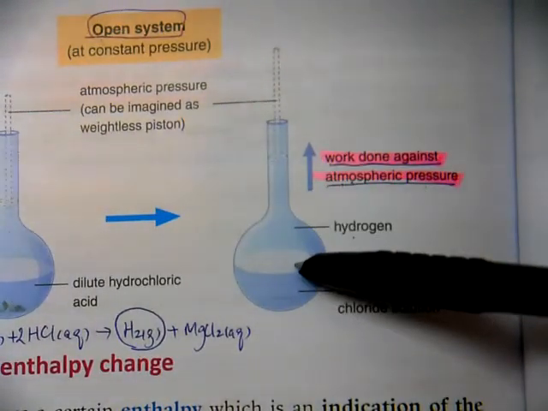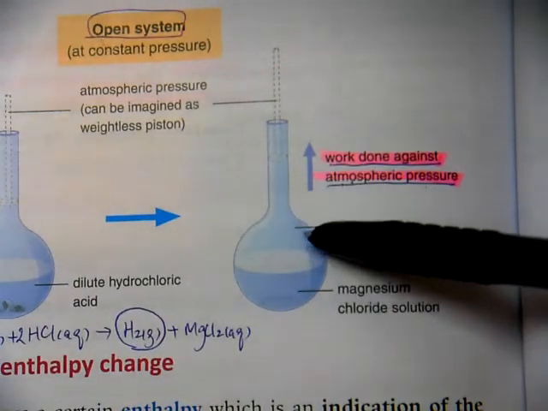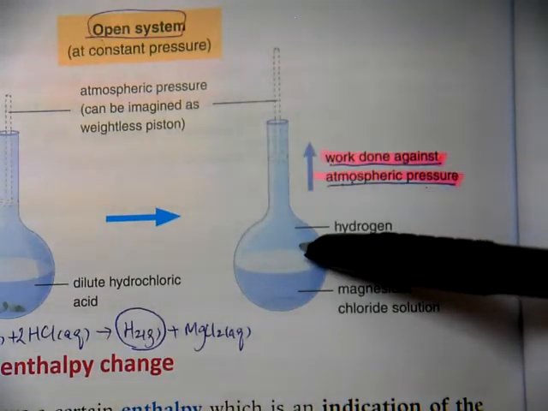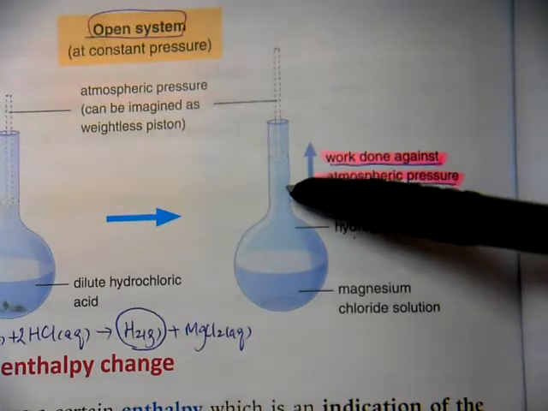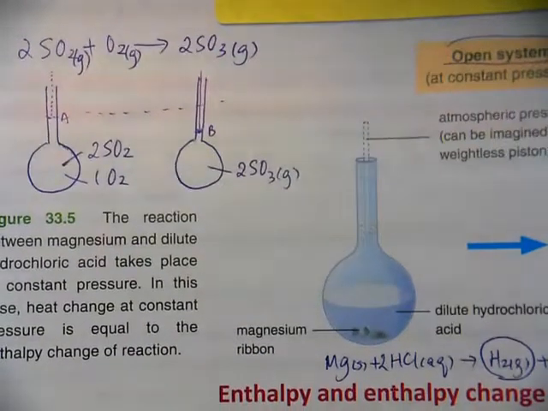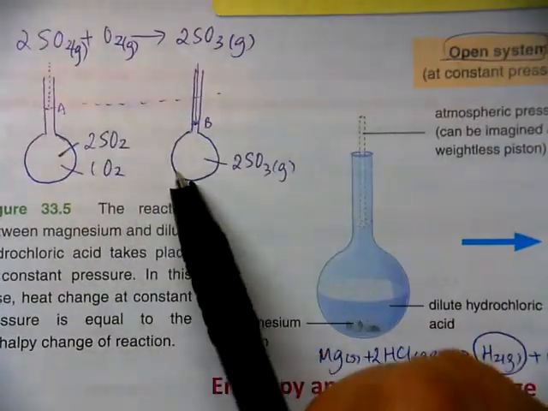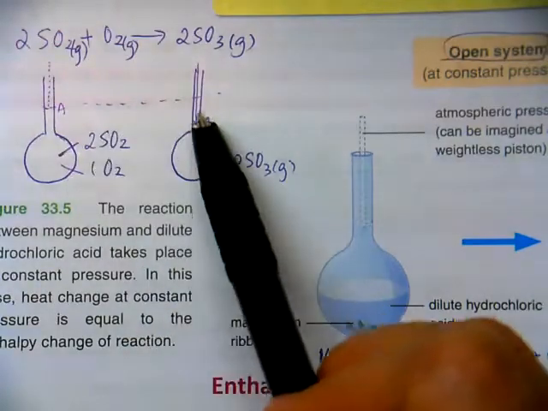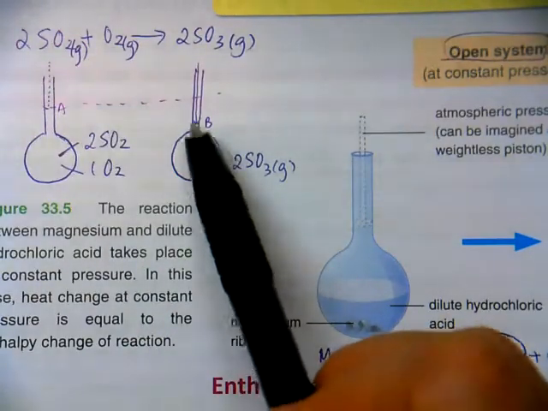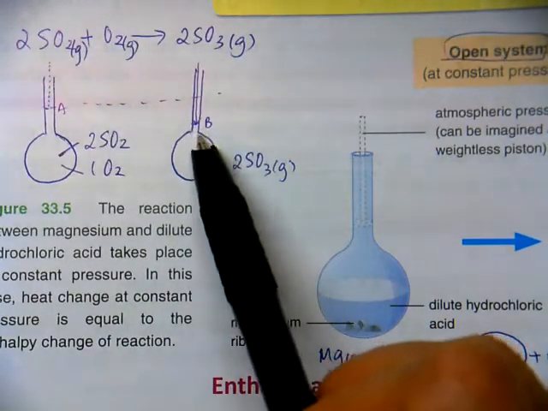If there is an increase in the number of moles of gaseous product, then work must be done against the atmospheric pressure. On the contrary, if there is a decrease in the number of moles of gaseous molecules, work is gained from the surrounding. You understand?